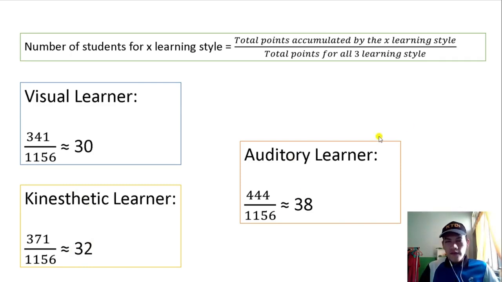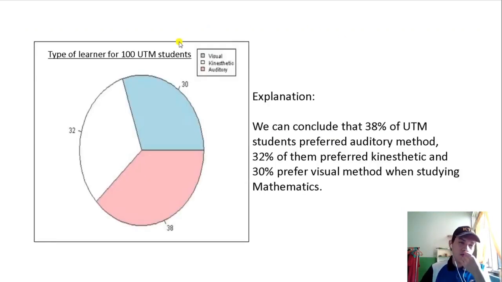From this data, 30, 32 and 38, we can plot a pie graph like this, where 32 is kinesthetic, 30 is visual, and 38 is auditory. Since there are 100 UTM students that responded to this questionnaire, we can conclude that 38% of UTM students prefer the auditory method, 32% prefer kinesthetic, while 30% prefer the visual method when studying mathematics.